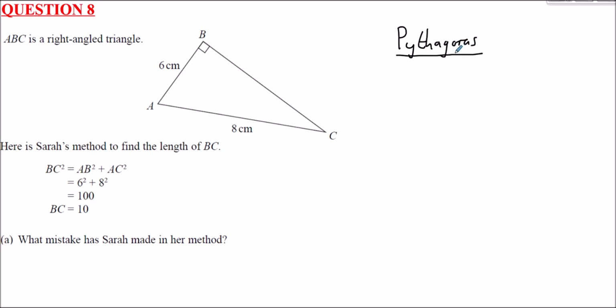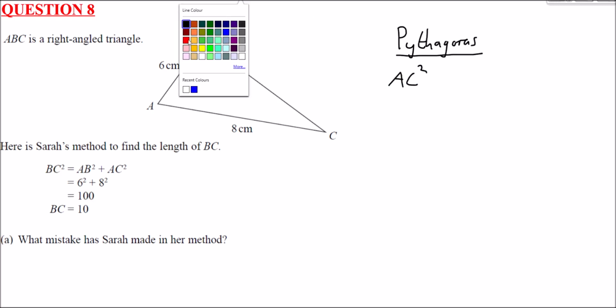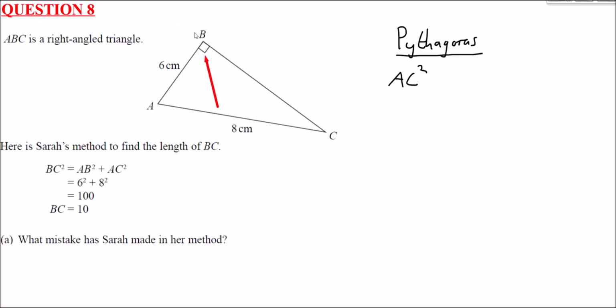So it's always the hypotenuse squared. So AC squared, the hypotenuse is always the side opposite to the right angle. So in this case here, the side opposite to the right angle is AC. So that's why we know that's the longest side. Normally you can just tell by looking at it, but if you're ever unsure, it's always the side opposite the right angle.